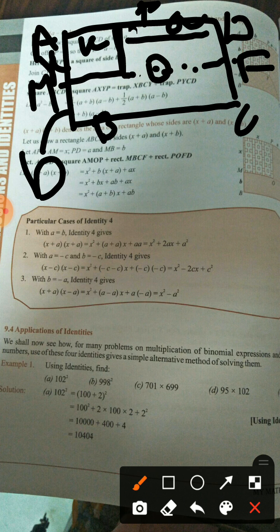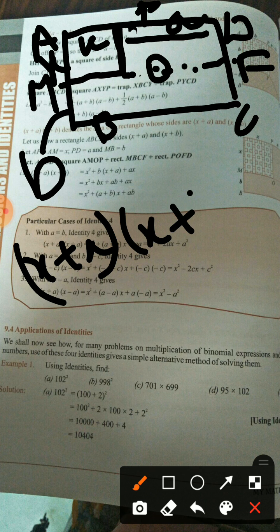So now the area of rectangle ABCD is equal to the area of square AMOP plus the area of rectangle MBCF plus the area of rectangle POFD. How are you going to do this? Area of rectangle ABCD is equal to (x plus a) multiplied by (x plus b).